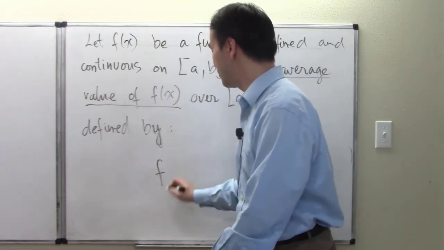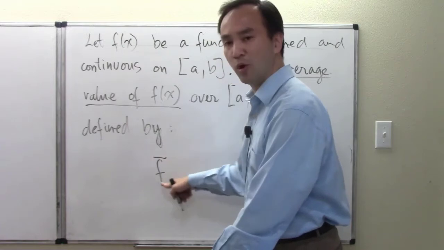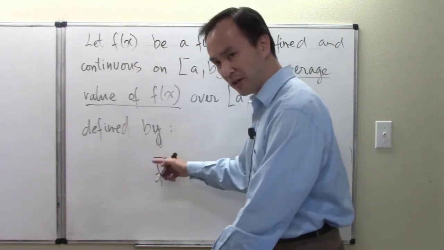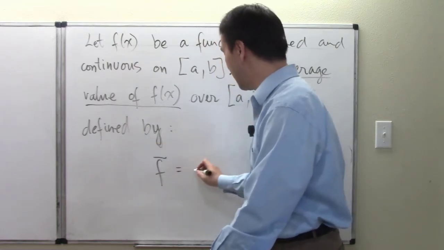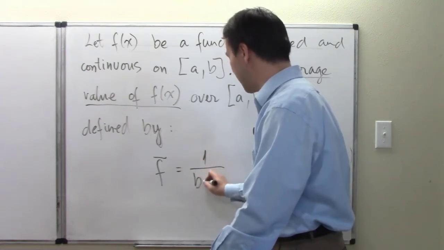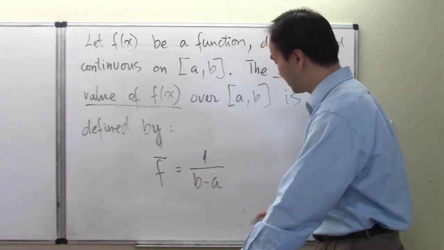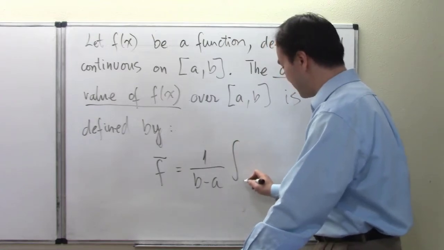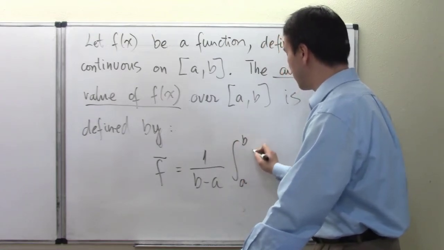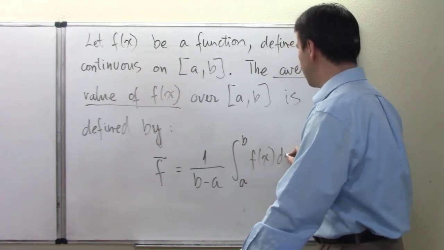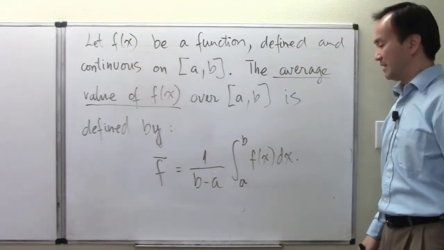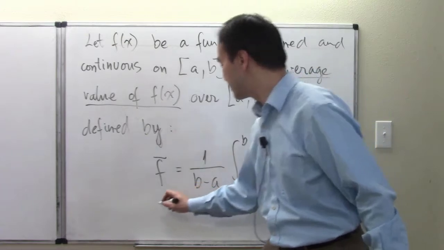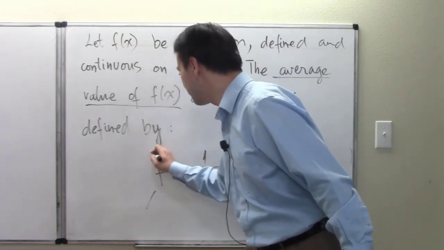I'm more comfortable with f with the bar on top, so f bar, the average value of f, equals 1 over b minus a, the reciprocal of the length of the interval, multiplied with the definite integral from a to b of the function f of x dx.